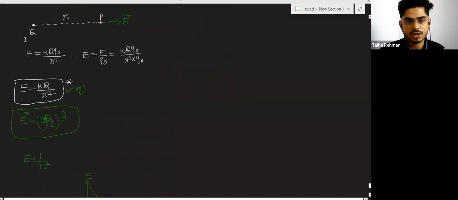So this is a source charge here, and you have to calculate the electric field at this point P, which is at a distance r. The formula is kQ divided by r square. This is the magnitude. If you want to write this in the vector form, you will multiply this with a unit vector in the direction of electric field.